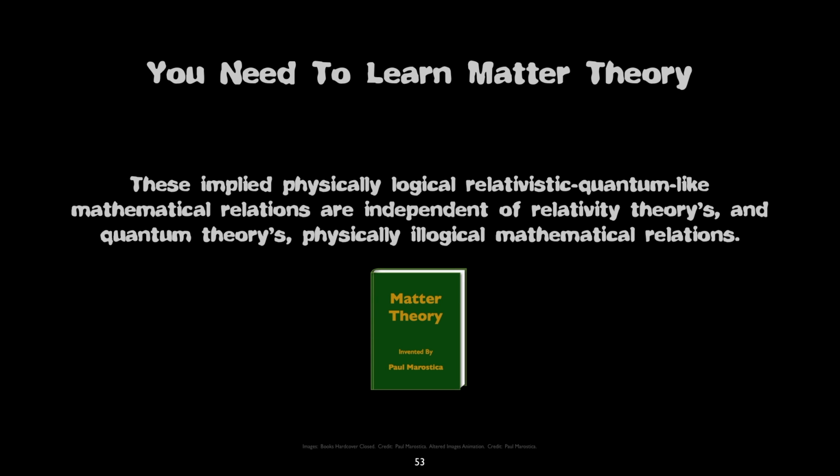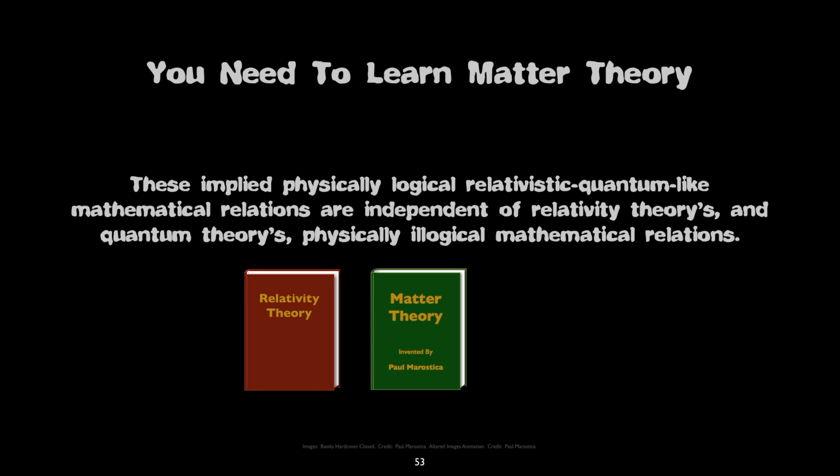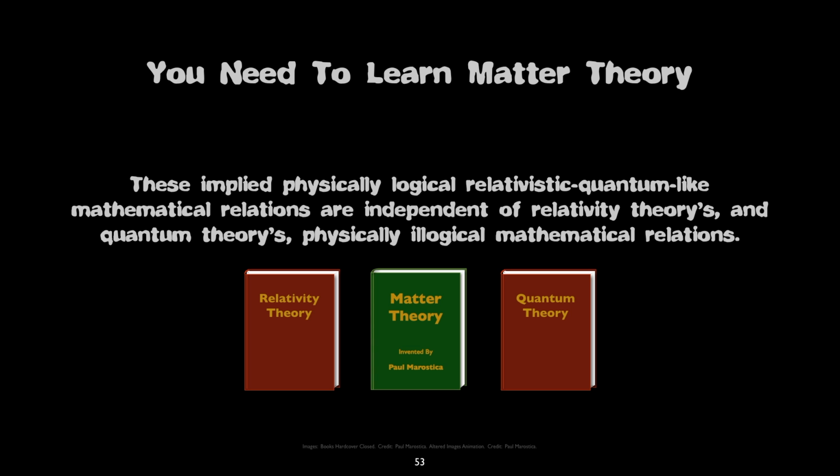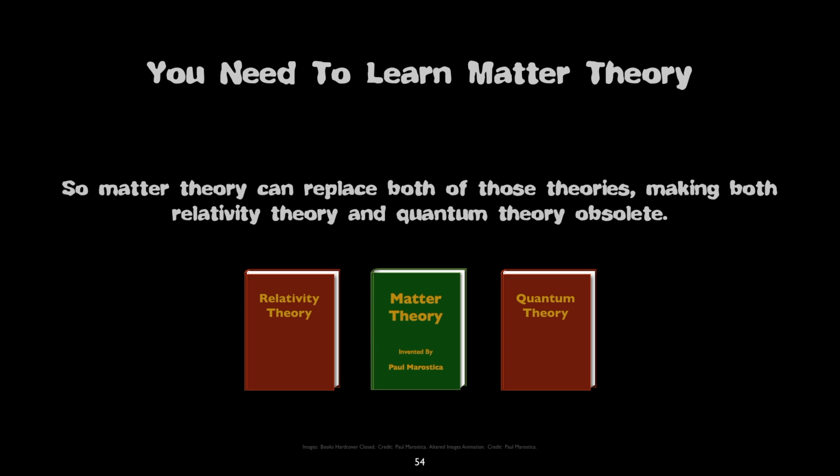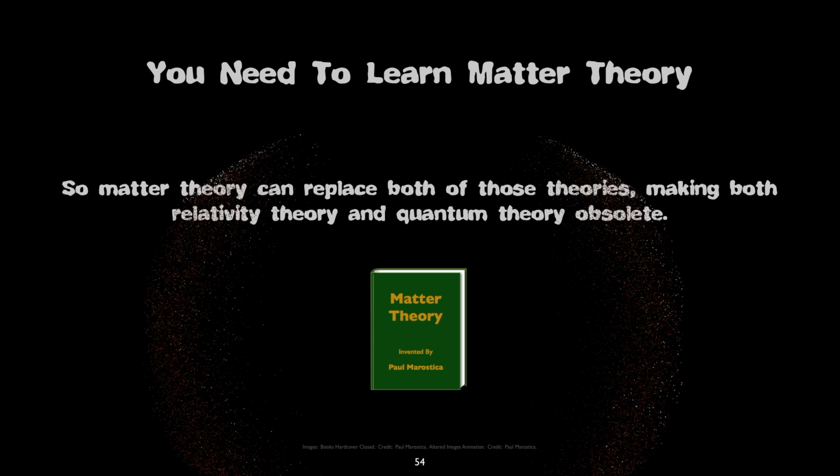These implied physically logical, relativistic quantum-like mathematical relations are independent of relativity theories and quantum theories' physically illogical mathematical relations. So matter theory can replace both of those theories, making both relativity theory and quantum theory obsolete.